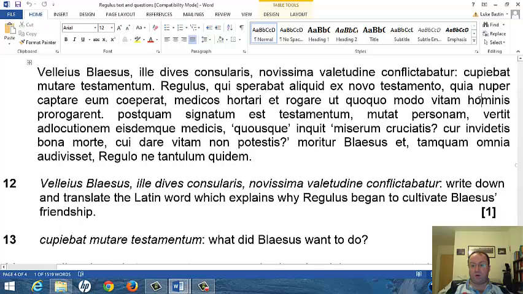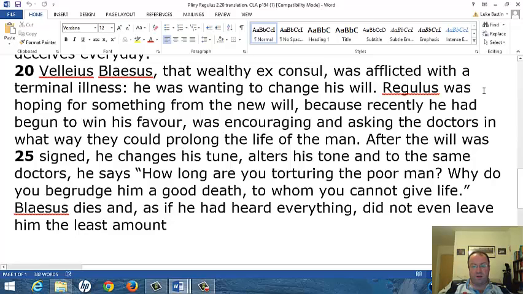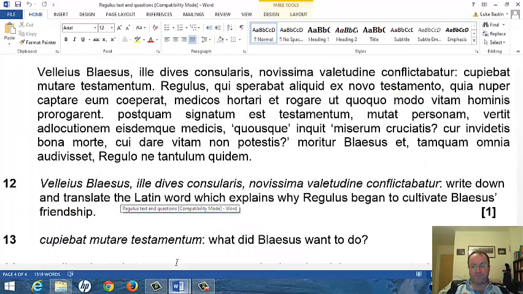Okay, again, if we just very quickly go back to the English, in what way is what your translation is saying. Okay, I'm saying how, because in what way and how, they're synonyms. Okay, so that's fine. Okay, postquam, signatum est testamentum.